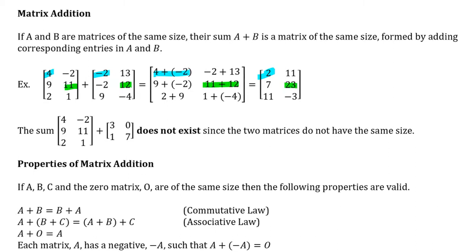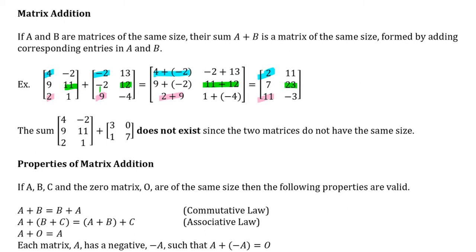Second row, second column. And we'll do one more. 2 plus 9 is 11. Third row, first column. Okay, and that is how you add matrices.